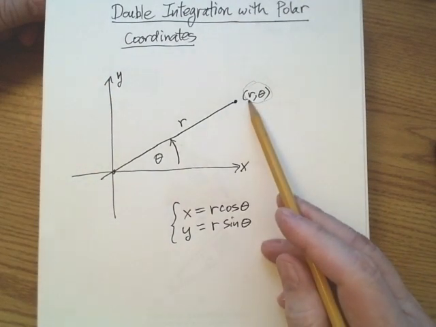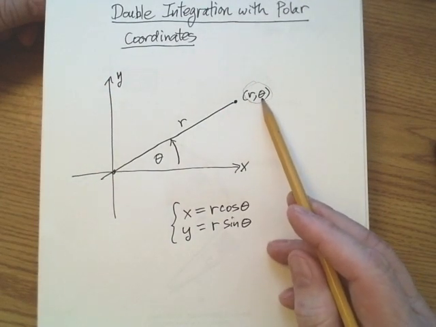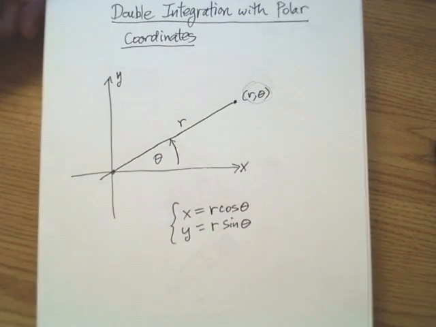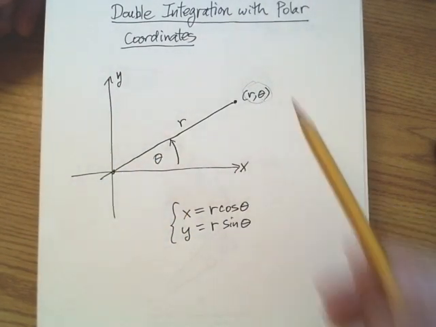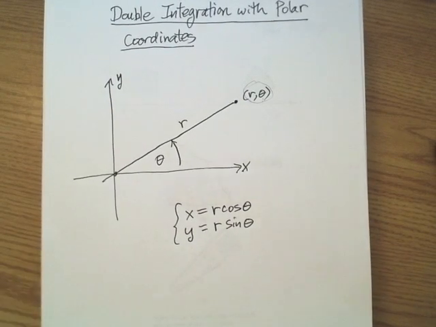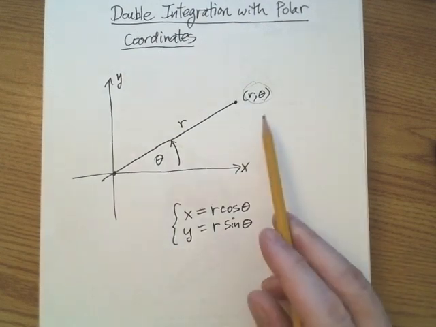You could have negative values for r, and you could add integral multiples of 2 pi to theta as well. We're not going to go in depth into graphing polar functions, but we want to be aware of graphing a few of them. You can review your Calc 2 on that if you need to.